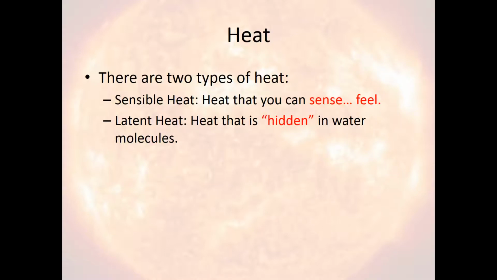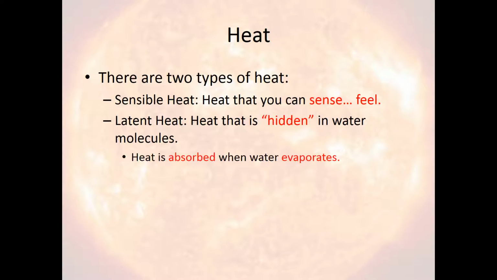And water constantly is changing between those phases. And when it does that, it needs to absorb a certain amount of heat to evaporate or to melt, and it needs to release a certain amount of heat in order for it to condense or freeze. And that's what's called latent heat.